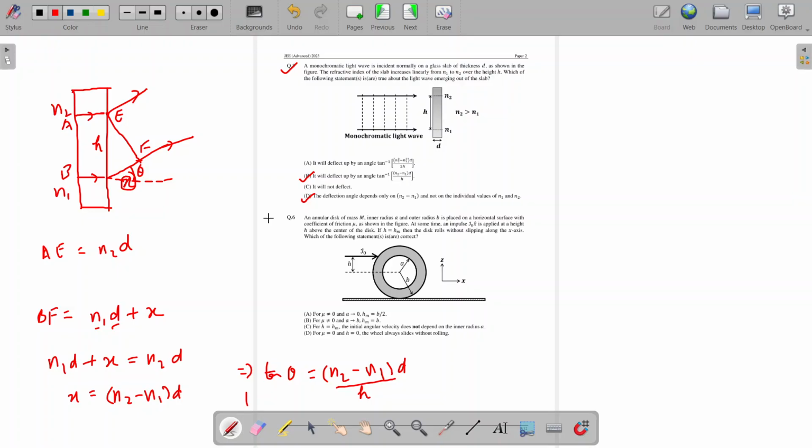So then we say that these two distances have to be equal. Optical path length has to be equal for the phase difference to become zero between the AE ray and the BF ray. So we equated that to get x. Now x is the geometric length. That geometric length we can calculate to find what is the deflection.